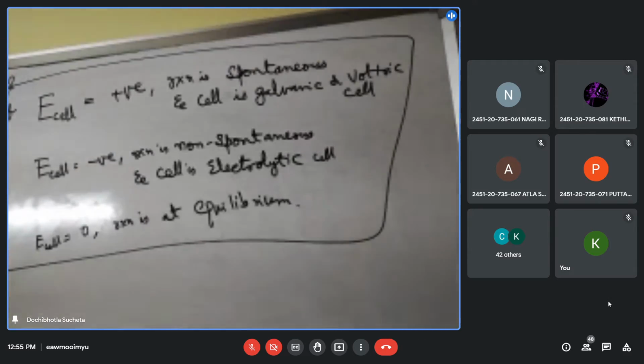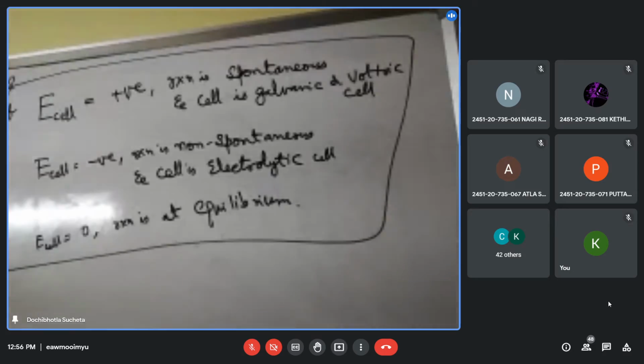And by using such reversible cells, I can make secondary cells like our mobile batteries or our laptop batteries, etc. Those cells in which the cell reaction is irreversible, that means it takes place in a single direction and the products do not give back the reactants even after supplying the electrical energy, are called irreversible cells.